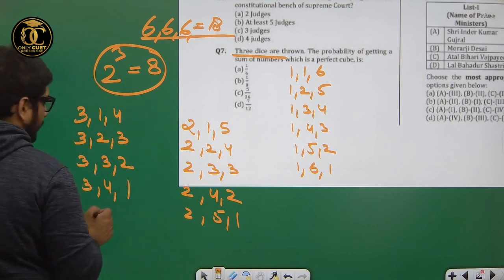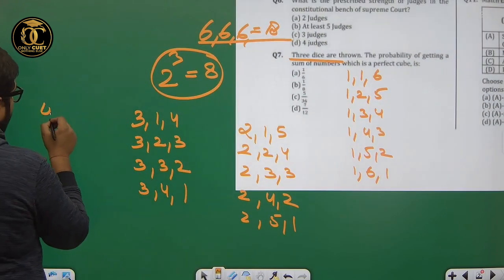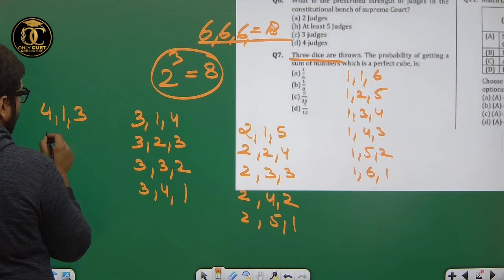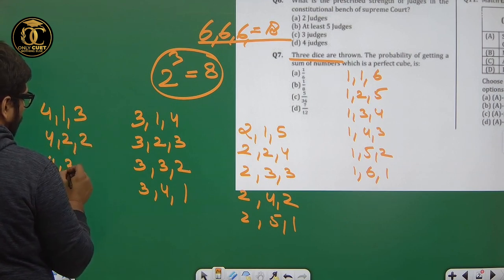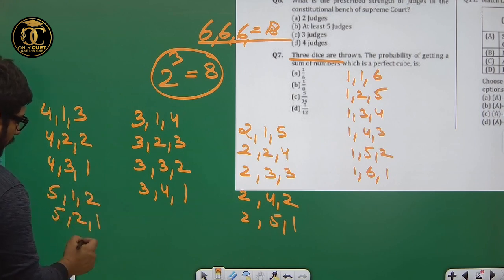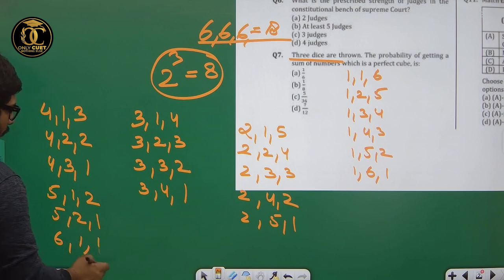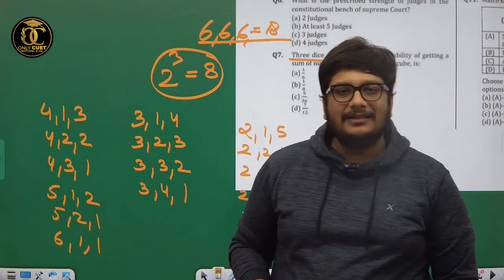Let's start with 4 now. 4, 1, 3, 4, 2, 2, 4, 3, 1. 5, 1, 2, 5, 2, 1, and 6, 1, 1. These are all the options which give me the sum as 8.